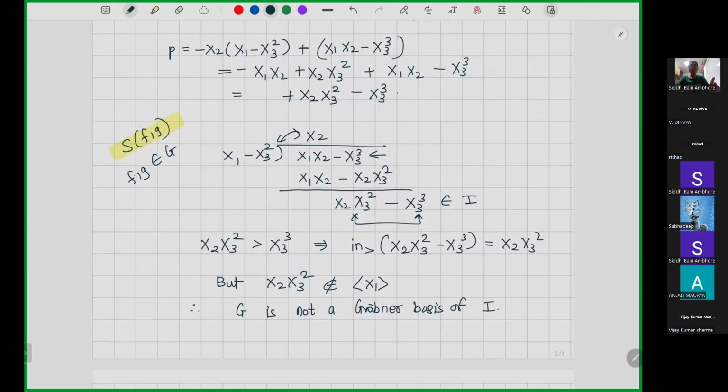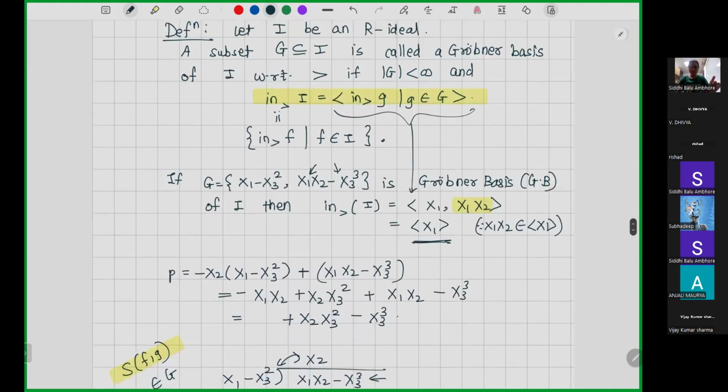It should satisfy that the initial ideal is generated by its initial terms. It is not satisfying, but we don't have any method right now to conclude whether it is a Gröbner basis for this ideal generated by A.